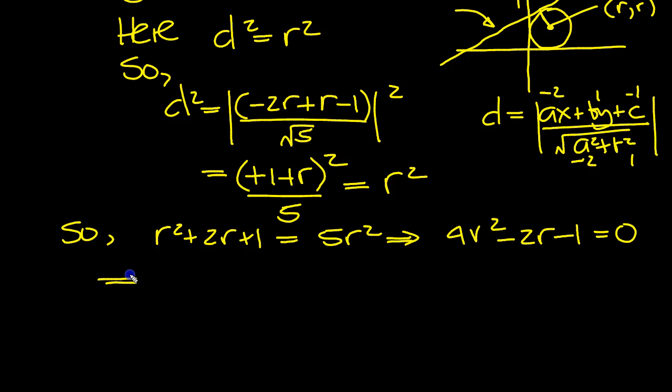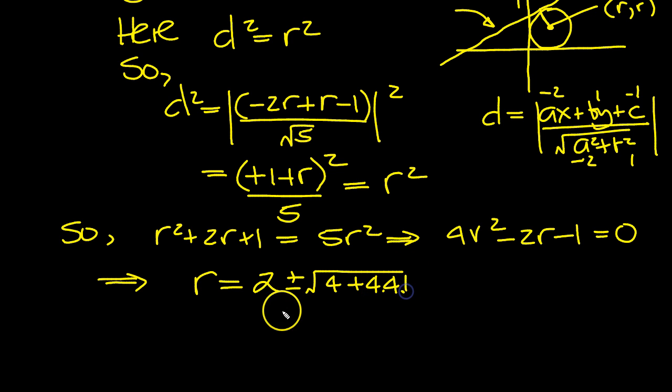This implies, okay, so r, use the formula, minus b is minus minus 2, plus or minus the square root of b squared, which will be 4, minus 4 times a, 4, times c, minus 1, change that to a plus, all over 2 lots of a, which is 4.